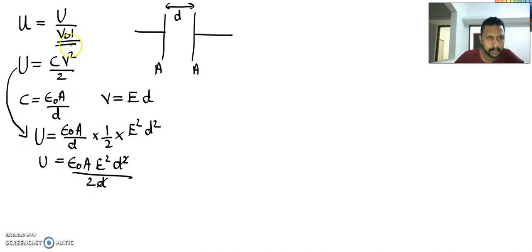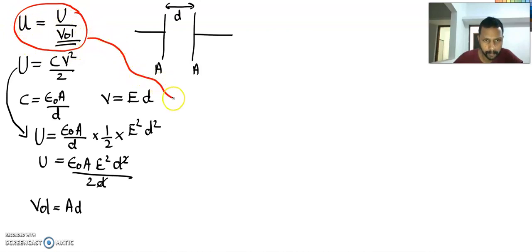Then, what is this? It is volume. What is the volume of the parallel plate capacitor? Its plate area is A and distance is D, which means volume will be area of cross section into distance of separation. Clear? Then, as we know, energy density is the energy stored per unit volume.